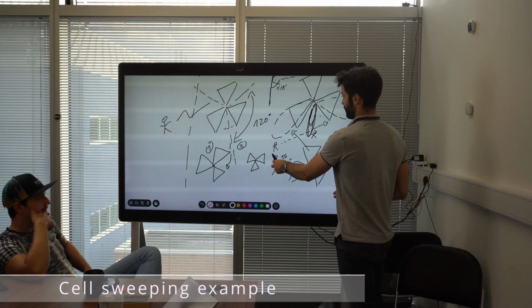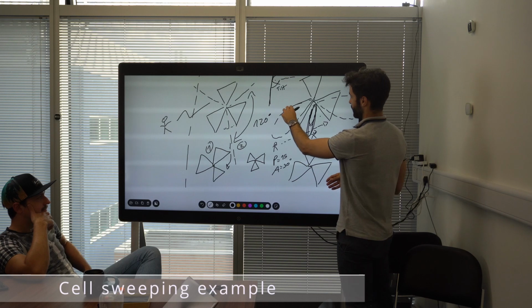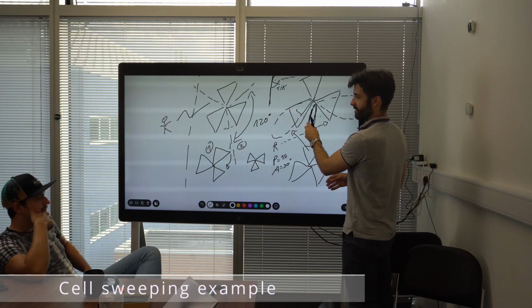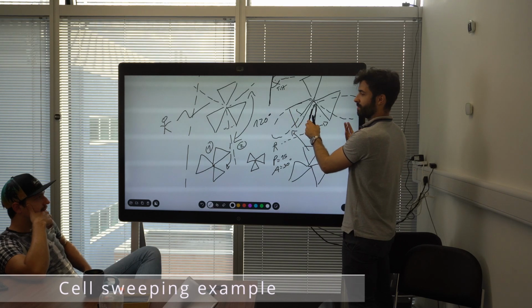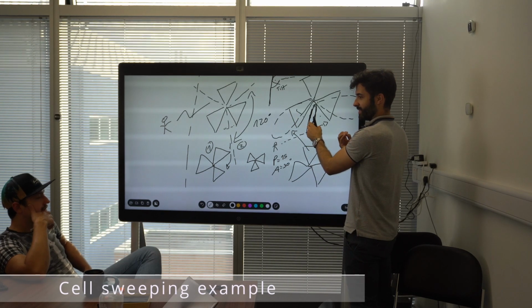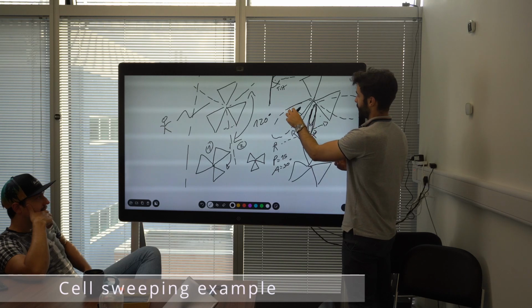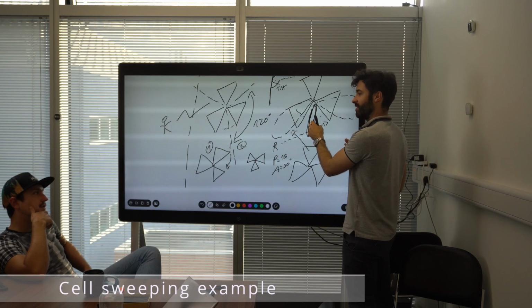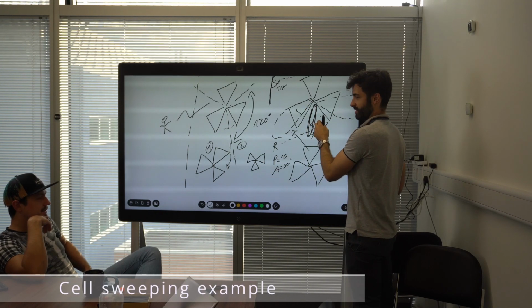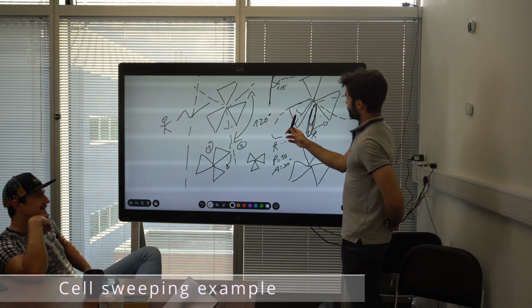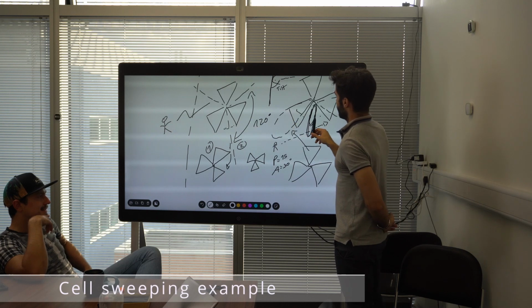But with sweeping the sectors, at some point this beam will point in his direction. So even if a user is in bad radio condition at one point, with cell sweeping he will be in very good conditions at a certain step in this rotation process.